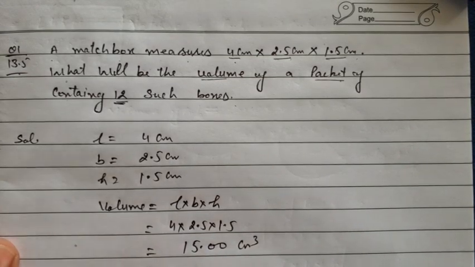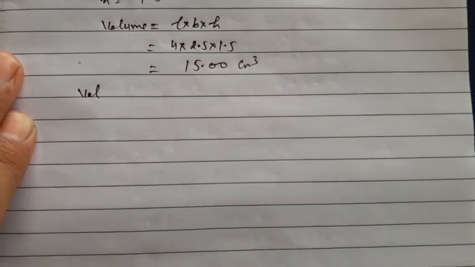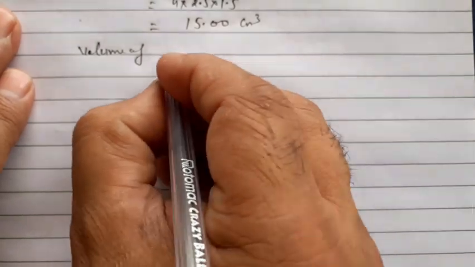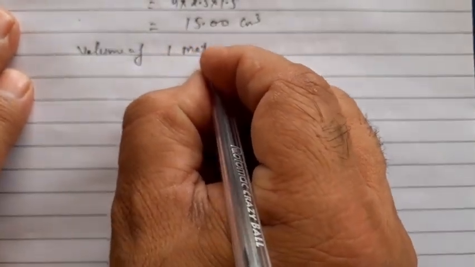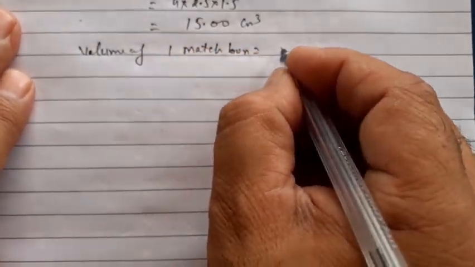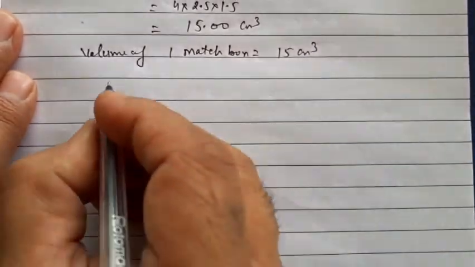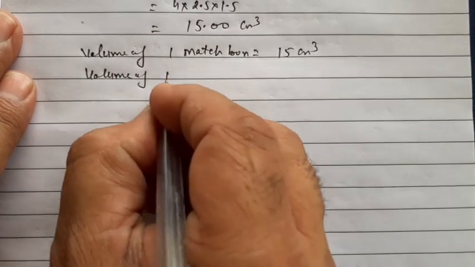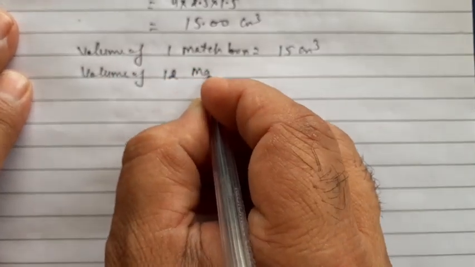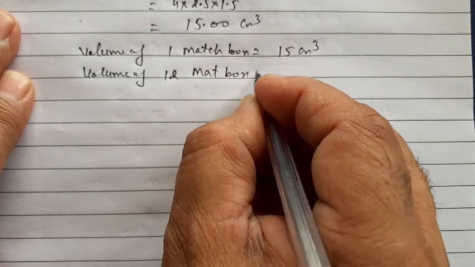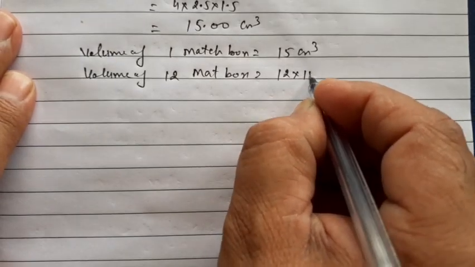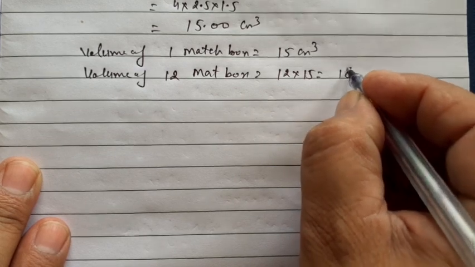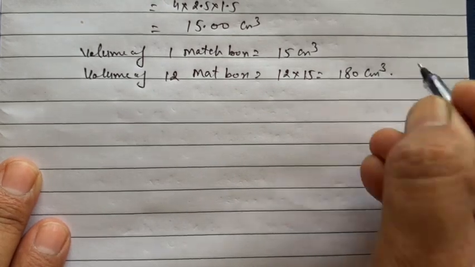So volume of one matchbox is equal to 15 centimeter cube, and volume of 12 such matchboxes, that is 12 multiply 15, is equal to 180 centimeter cube.